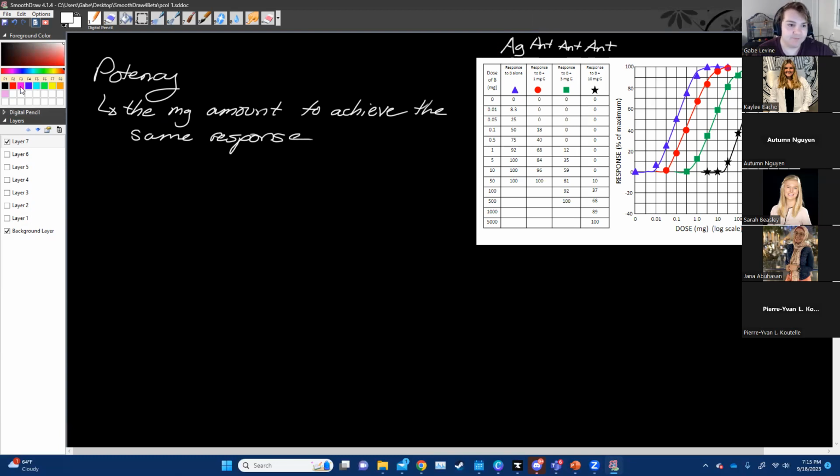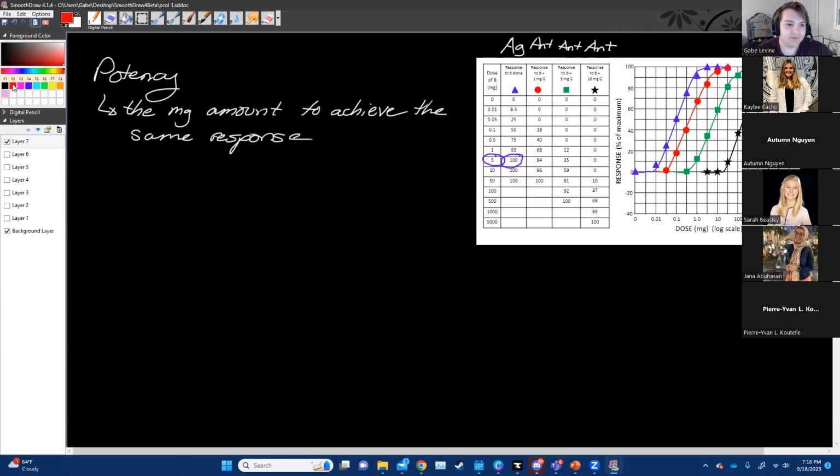So what we see is that under normal circumstances, if you administer the drug, 5 milligrams will get you 100% of a response. So if you want to completely knock someone out with a benzodiazepine, or you want to block 100% of the pain, then you only need to give 5 milligrams of our drug in order to get the complete response.